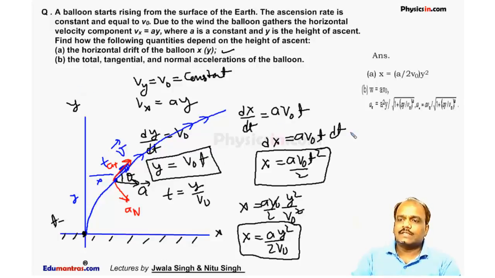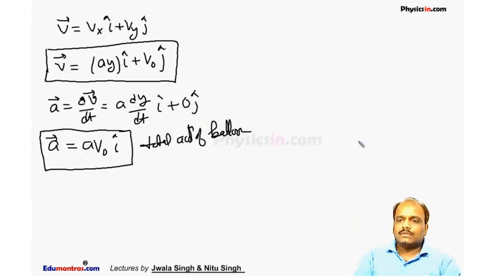We know tangential acceleration of the balloon, at, is mod of acceleration into cos theta, which can be written as a dot v divided by mod of v. This is the tangential acceleration of the balloon.